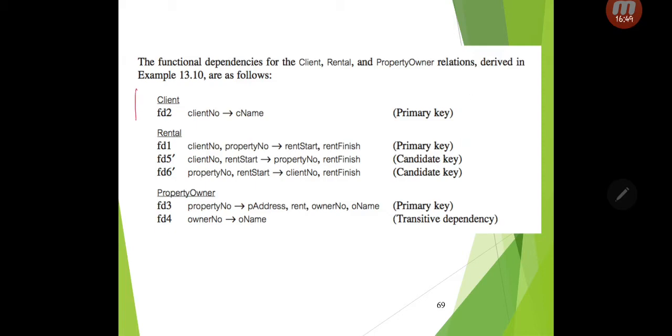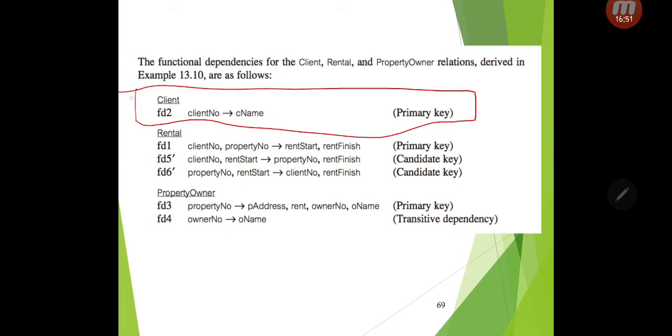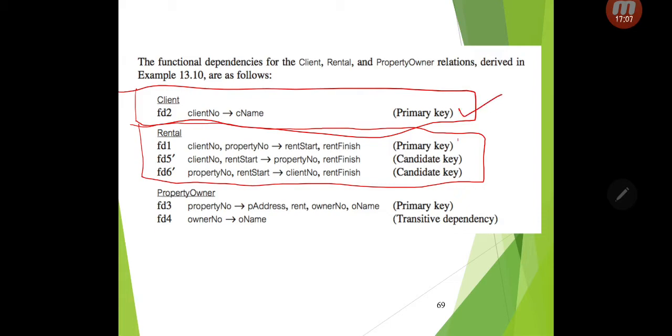From table client, we know client number is the primary key. From table rental, is there any candidate key? Yes, but we only consider the primary key, so we don't need to consider these two.